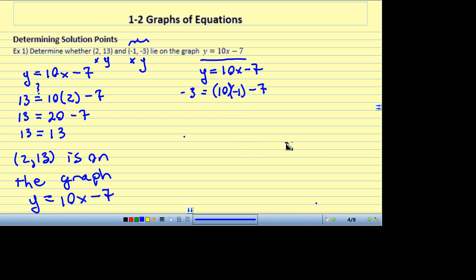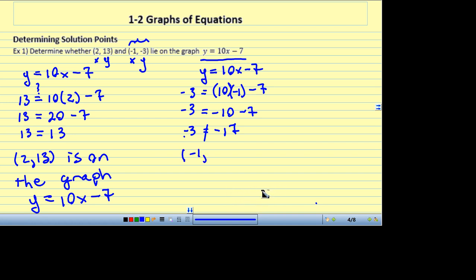So let's check. 10 times -1 is -10. Minus 7. Is that equal to -3? -10 minus 7 is -17. So, is it equal? Heck no. It's not equal. So, what does that mean?